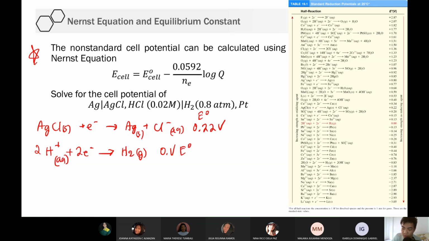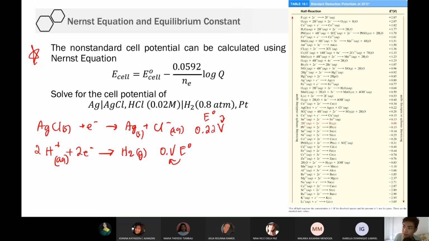Ito yung standard potential. Itong sinulat ko dyan. Ang task nyo is to solve for the non-standard cell potential. So, ito yung mga standard cell potential. Ang gagawin nyo, solve for the non-standard cell potential.